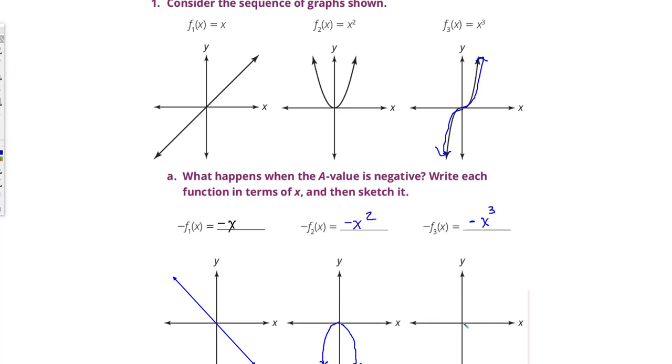Not over the y, over the x-axis. But it looks the same as if it was flipped over the y. You can't really tell a difference, but if it's ever in front, it's always a reflection over the x-axis.